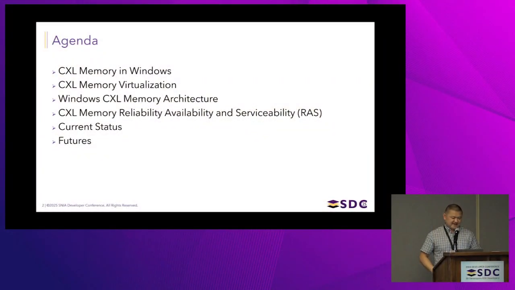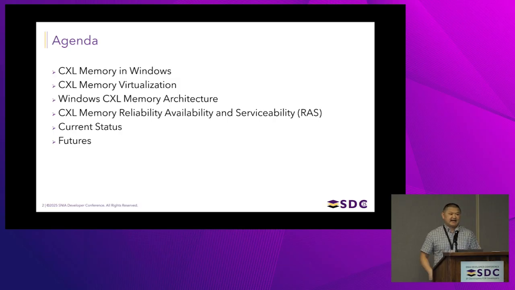So in today's talk, we will be covering CXL memory and Windows. We'll talk about the virtualization that we are planning for CXL memory. Then we'll cover the Windows CXL memory architecture. And then we'll go through the various RAS workflows that we are planning for CXL memory.